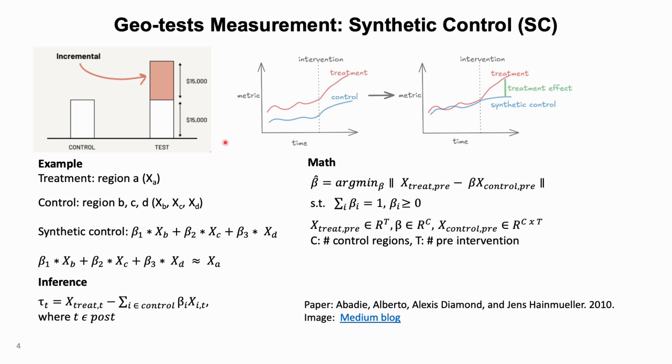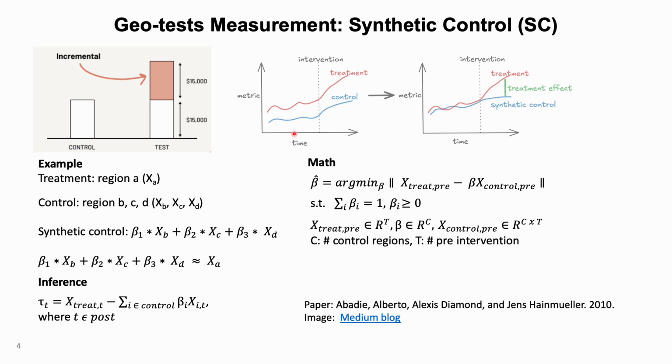This is actually very common because, for instance, if New York is selected as the treatment group and San Francisco is selected as the control group, it is apparent that there are intrinsic differences between these two regions before any interventions.